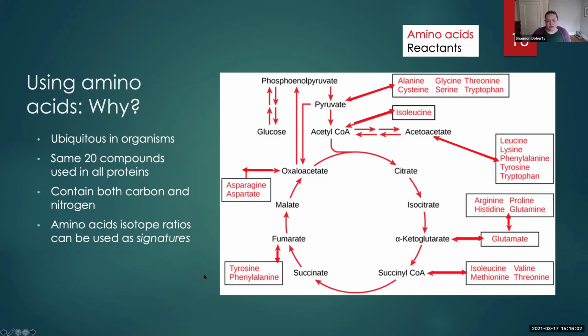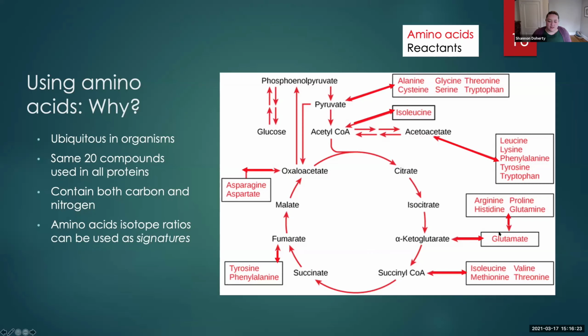To illustrate what I mean, I have the citric acid cycle on the right. We have our reactants in black and our amino acid products in red. Just like before, when I was talking about the isotope fractionation with reactant to product, that happens each time amino acids branch off of this cycle.